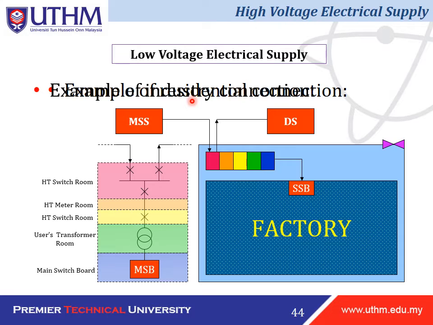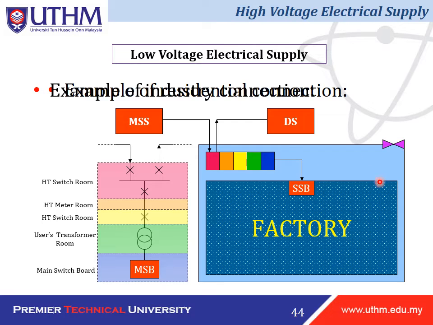Okay, this is the example of an industry connection. From the main switch into the factory, and then to the distribution substation, and from the main here, we go to the SSB.